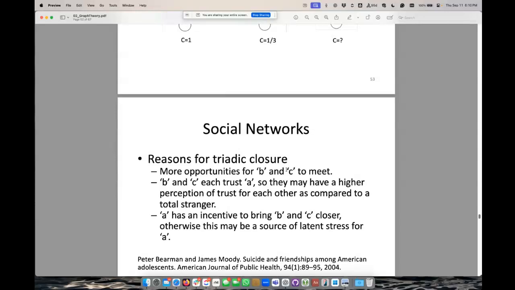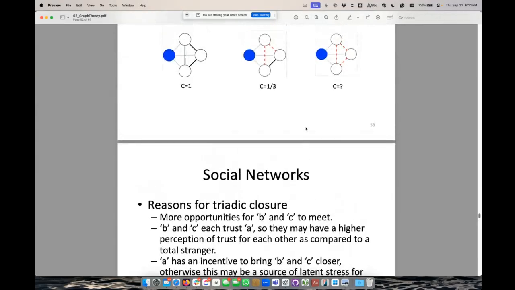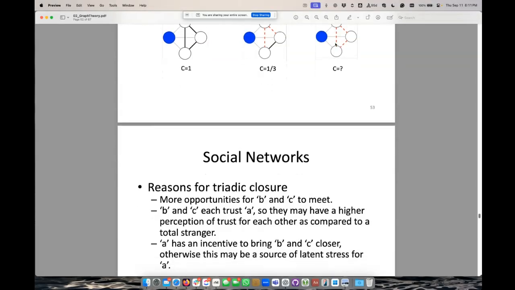A also has an incentive to bring B and C closer. Otherwise, there could be some stress on A. Again, that goes back to the point where, if A's friends are not connected to each other, then A has to be the broker of information between B and C. So they may have to selectively share or make sure the information is fully shared.